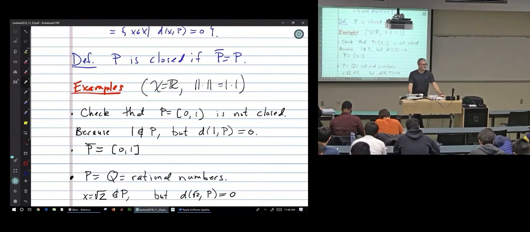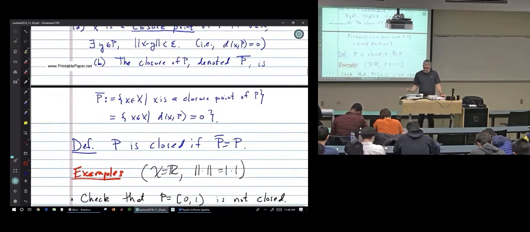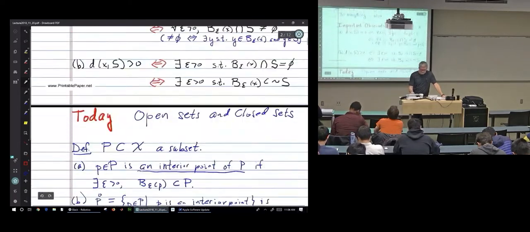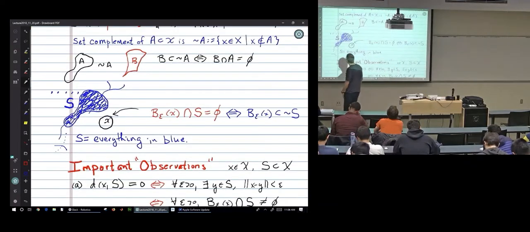Okay, questions on the definition of a closed set? A set is closed if it contains all of its closure points, and that means the only points that are distance 0 from the set is the set itself. Is this set closed? If this is just a point, that's no problem.